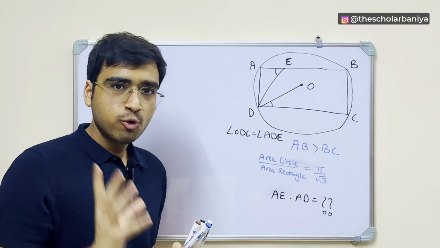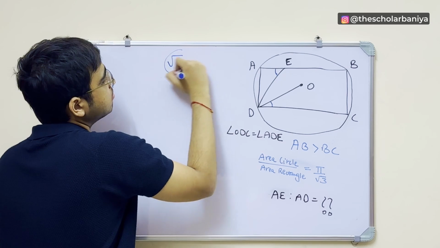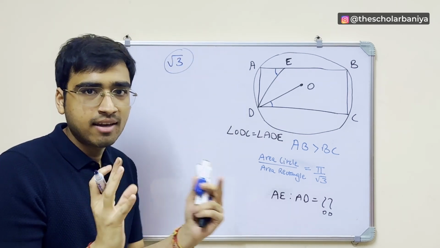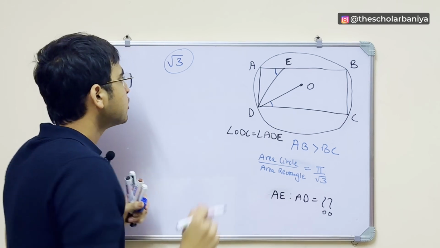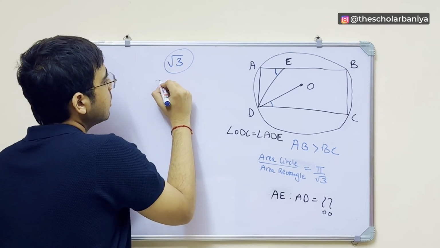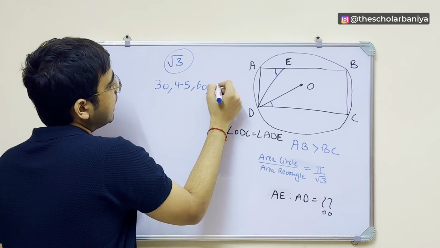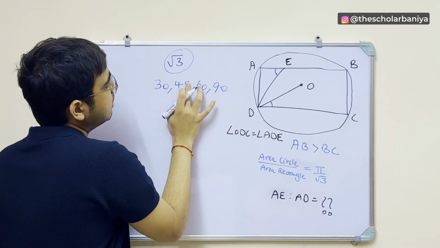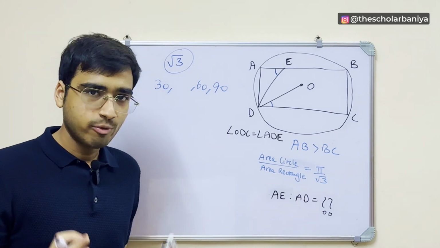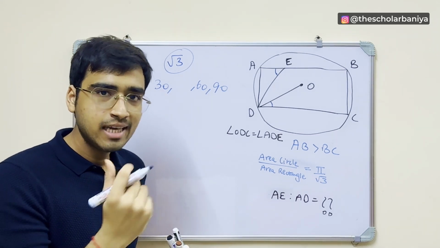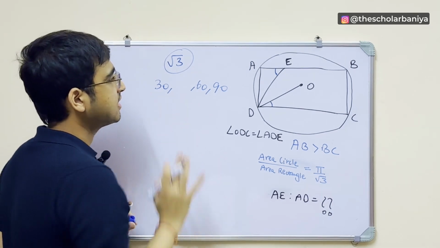So as I've told you before also, whenever you see a root 3 in any triangle or any question which involves angles, you should always think of 30, 45, 60 and 90. Probably 30, 60, 90. So whenever you see root 3 in any given question which involves playing around with angles, you should always think about 30, 60, 90.